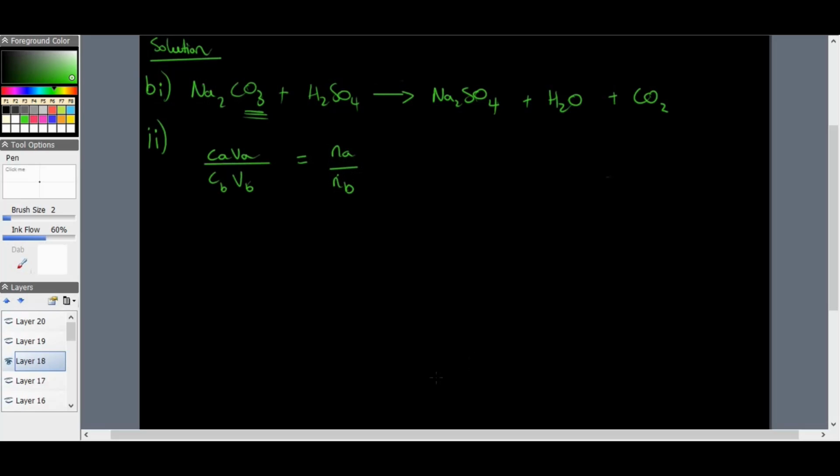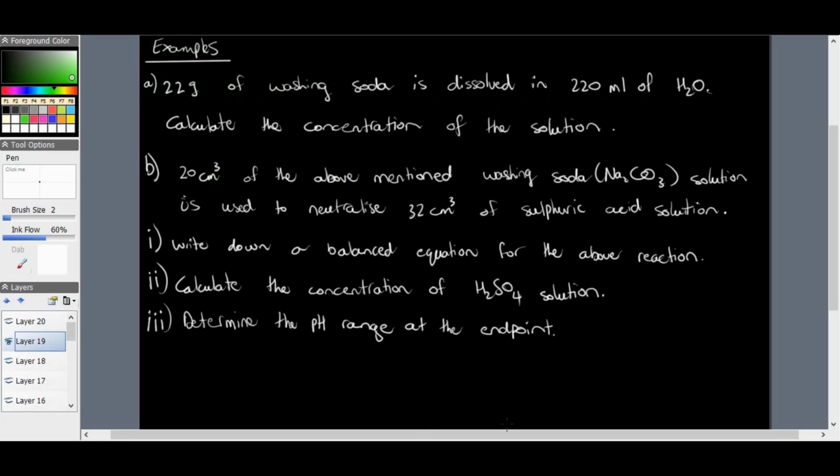Alright, so we can go ahead and substitute what we know. If I just check the question again, they told me I had 20 cubic centimeters of washing soda.